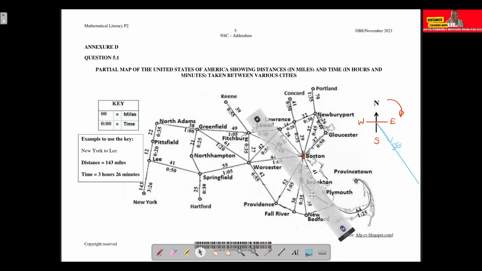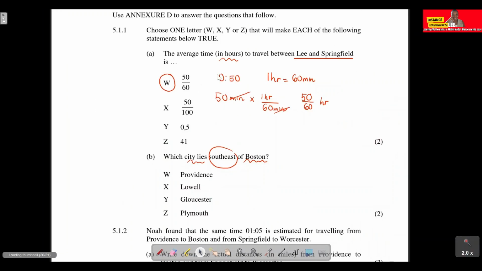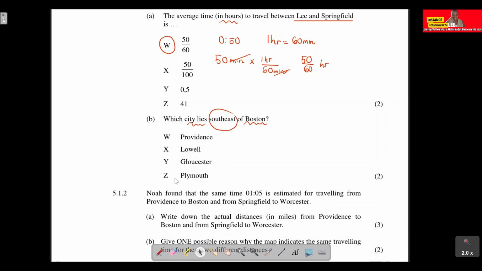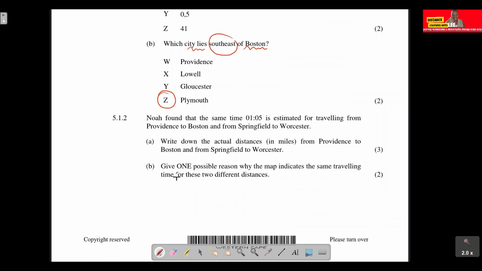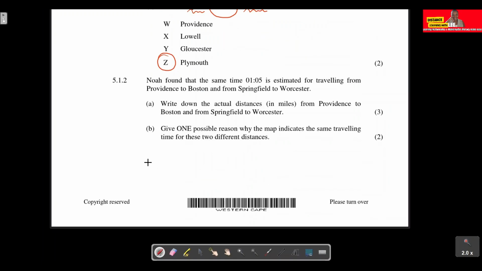Do you see that? The city that lies southeast is what? Plymouth. So the option that we are going to choose for B is Z. All right, let us have a look at question 5.1.2.